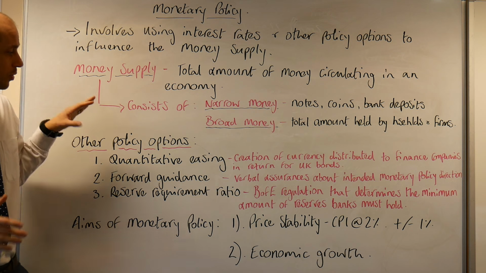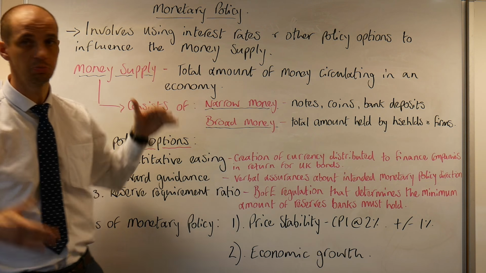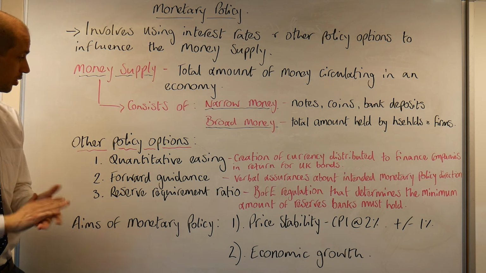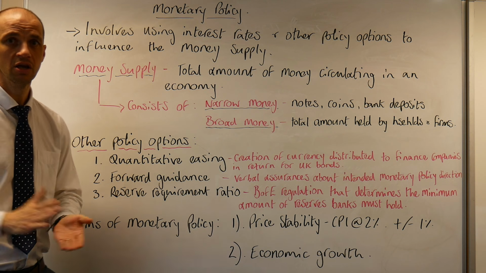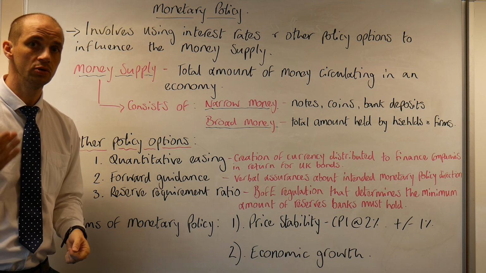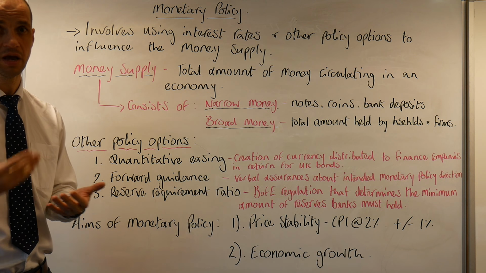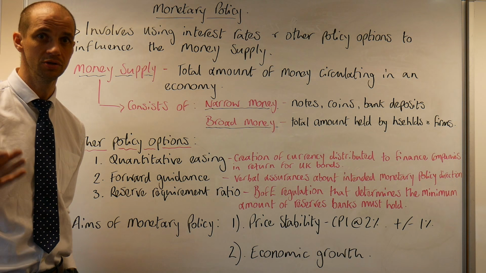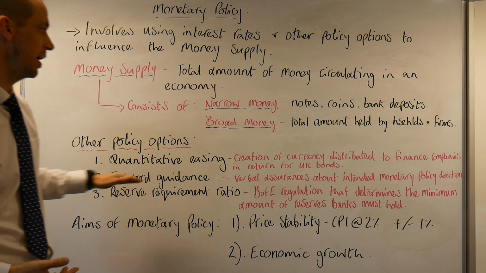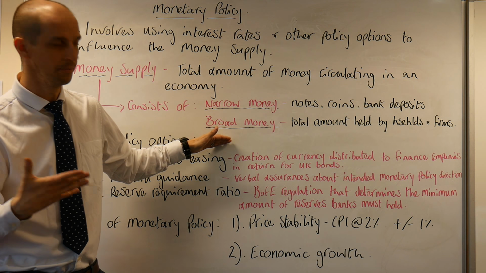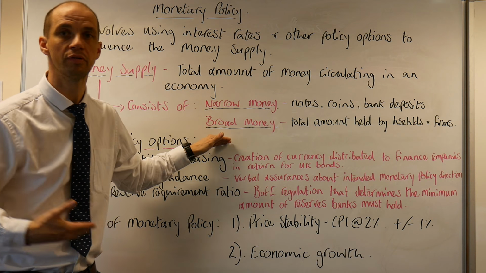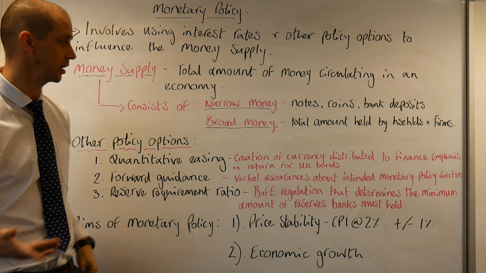Right, now we mentioned these other policy options within our definition for monetary policy. So what are they? Well, firstly, quantitative easing. Quantitative easing has been undertaken by the Bank of England since the financial crisis and the credit crunch in 2008. And this was attempted to really provide liquidity to the UK economy.